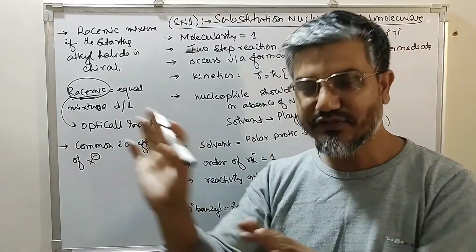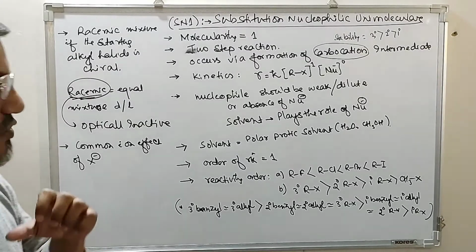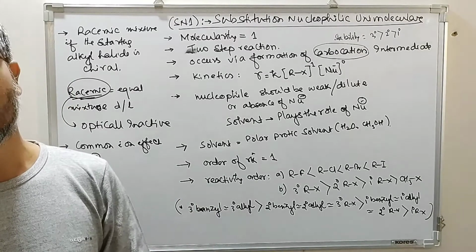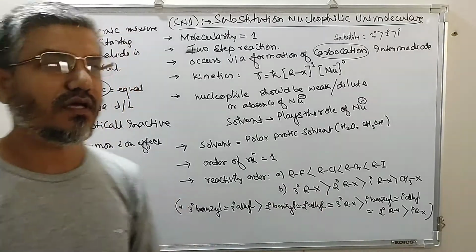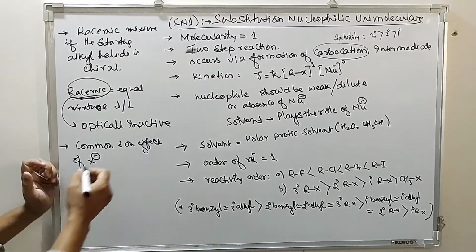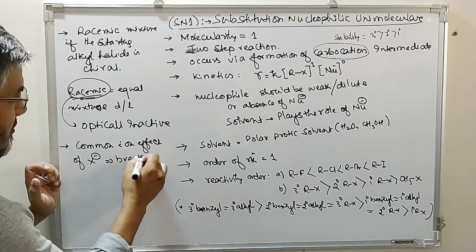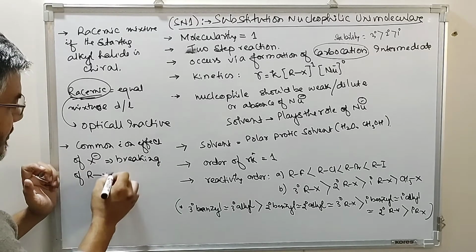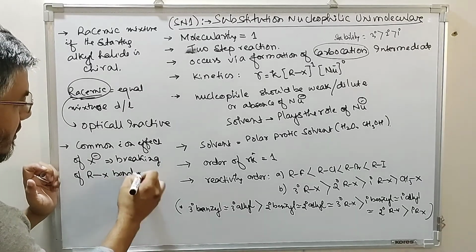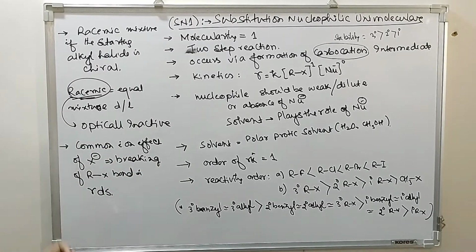As the equilibrium is shifted to the backward reaction, the rate of reaction will decrease. So this again proves that the rate determining step involves breaking of the carbon-halogen bond. This indicates breaking of the R-X bond in the rate determining step of the reaction.